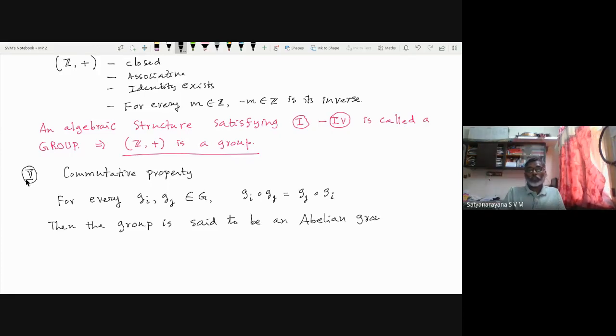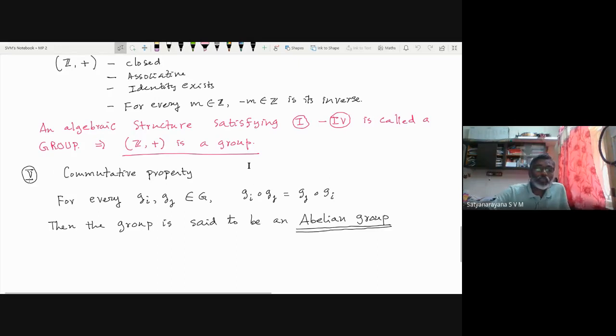Okay. This name is in honor of mathematician Abel, who made a lot of contributions to group theory. So this is called an abelian group. So we have a group, and then if a group has this commutative property, then we have what is called an abelian group.